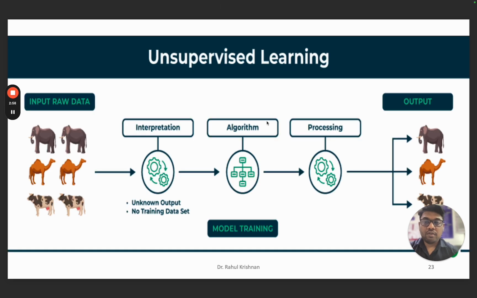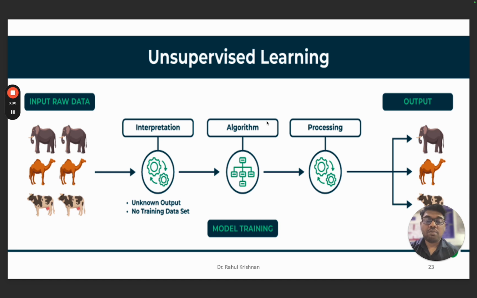This is the overall block diagram which explains the unsupervised learning process. We give the raw input data, which means there is no label; we are not saying this is the output or this is the target. This unlabeled data is fed into the machine learning model, which tries to identify the patterns or relationships within the data.